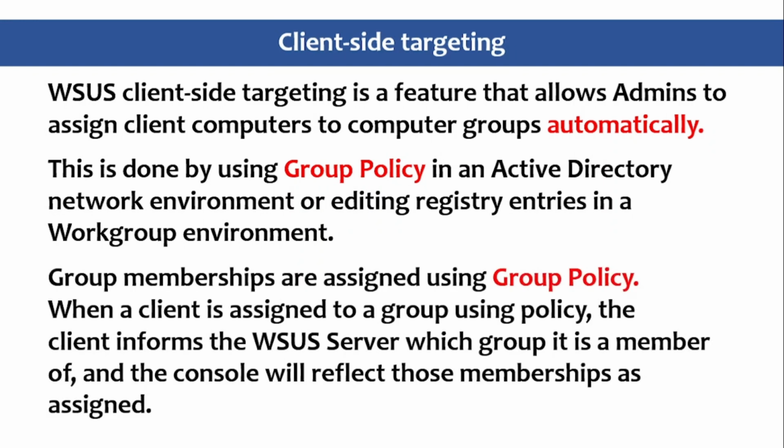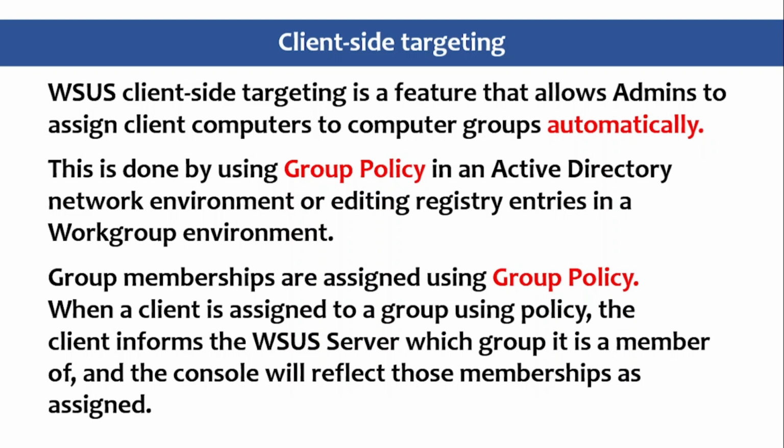Now, group memberships are assigned by using group policy. So when a computer is assigned to a group using group policy, the client computer informs the WSUS server which group it's a member of, and the console will reflect the group membership of that particular computer automatically. So we don't need to move anything here and there.